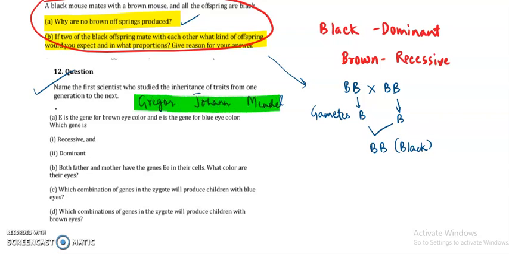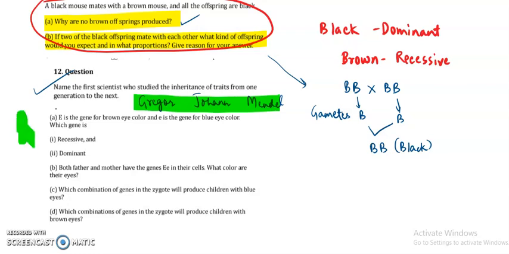So write, the first scientist who studied the inheritance of traits from one generation to next was Gregor John Mendel. He experimented on the pea plant in his monastery. Because of the poor financial conditions, Mendel was living in the monastery. That's why he conducted the experiments on the pea plant, right?